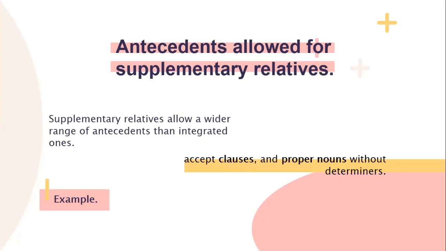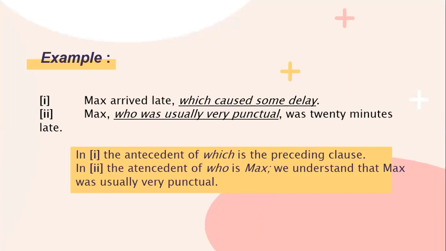They accept clauses and proper nouns without determiners. For example: Max arrived late, which caused some delay. And: Max, who was usually very punctual, was 20 minutes late.